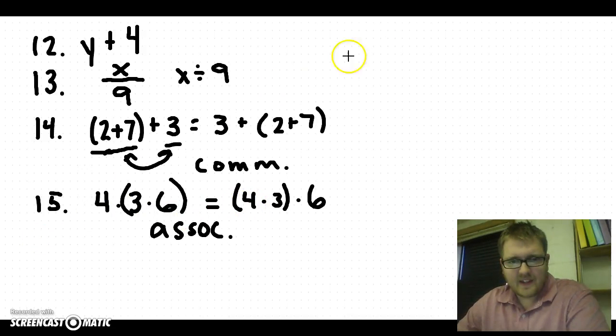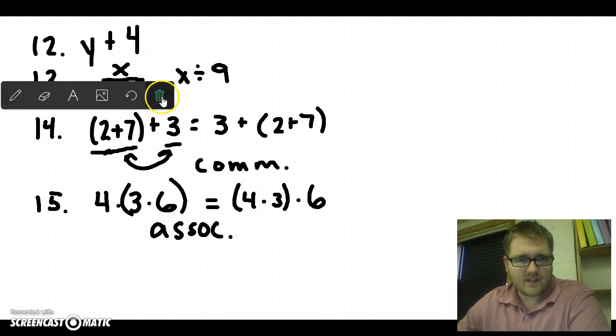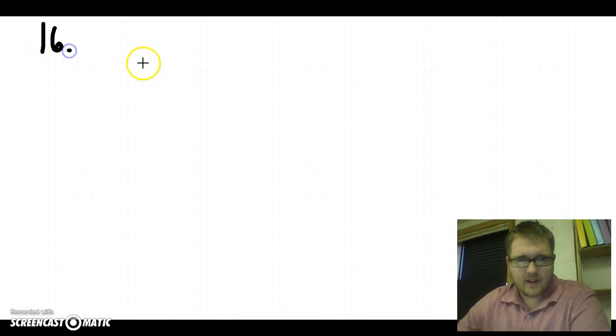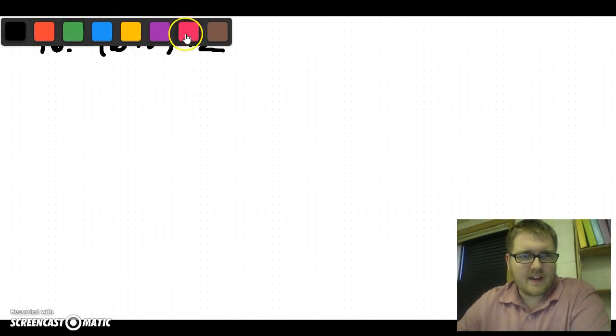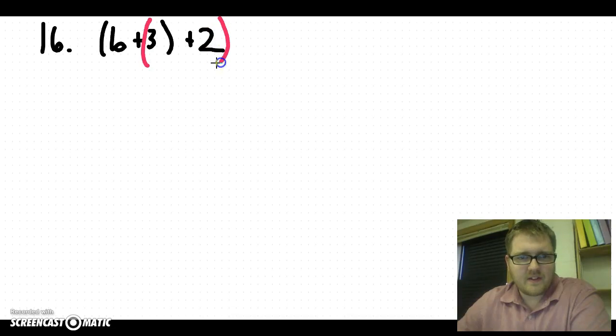For number 16, I'm going to erase this. For number 16, we've got b plus 3 plus 2. I want to simplify this, and remember, because of the associative property, I can instead group the 3 and the 2 first, and I can get b plus 5.